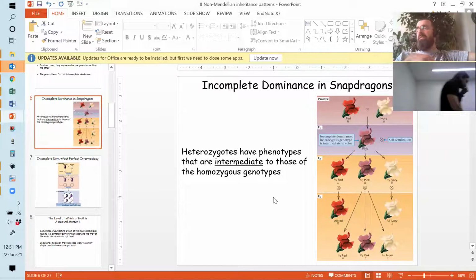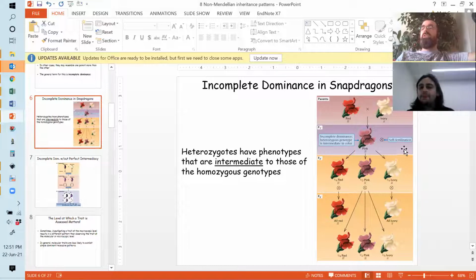I always talk about painting a wall: if you want to paint over a particular color, sometimes you have to use a lot of paint to cover that color up. That's what we're talking about here in terms of incomplete dominance.